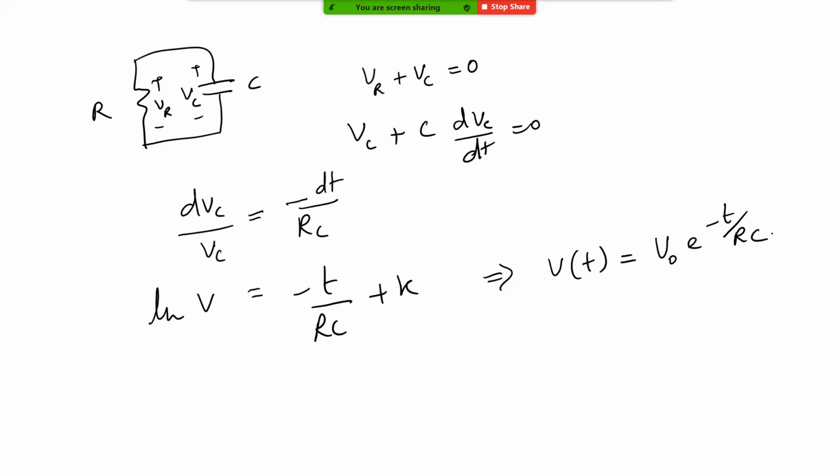Sir, shouldn't it be VR minus VC, because of the polarity? Yes, you're right, VR minus VC, but then how are we getting the current flow to happen? The current is flowing like this. Let's say this is charging out, so the current is going to go like this.